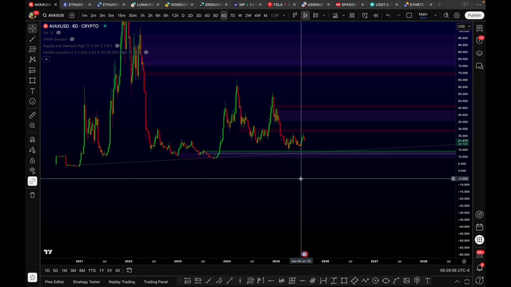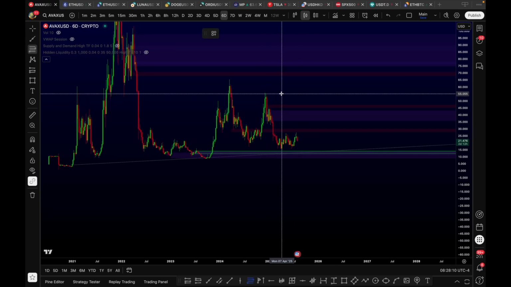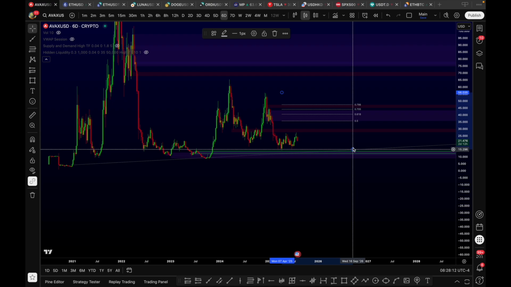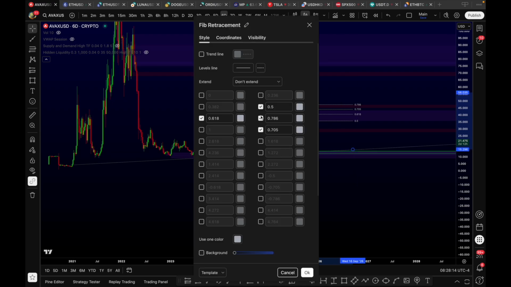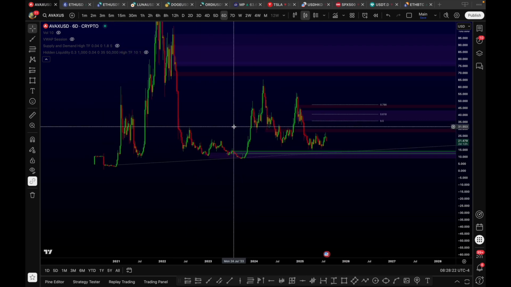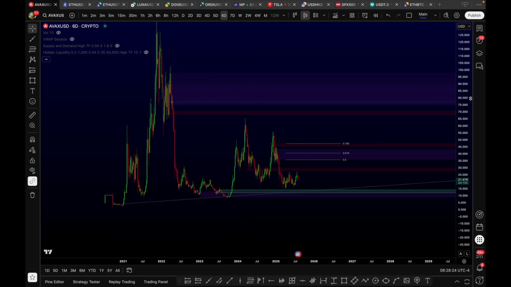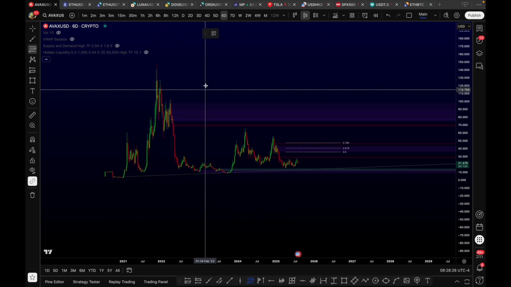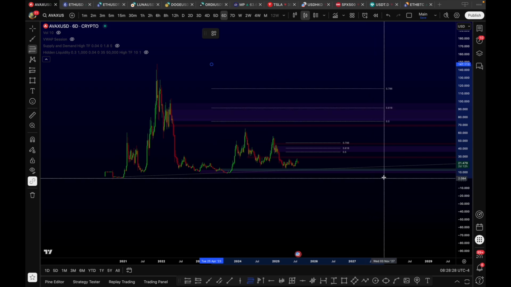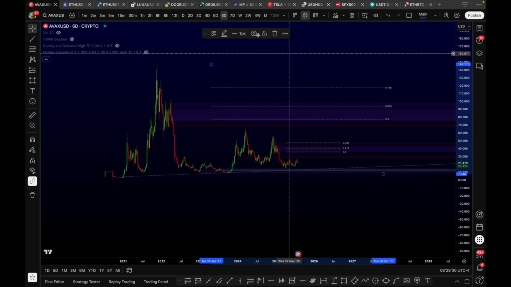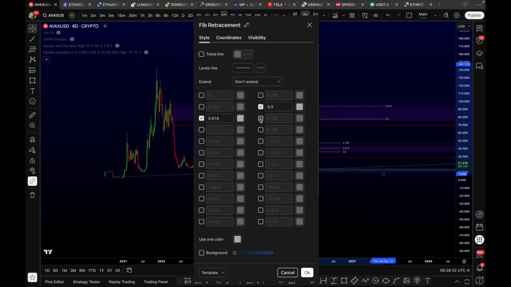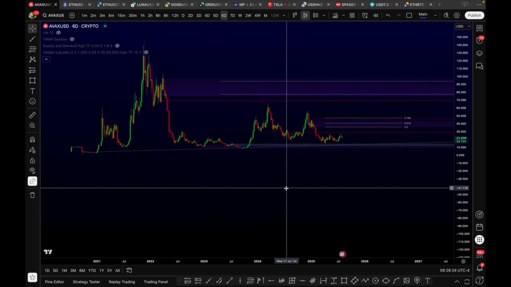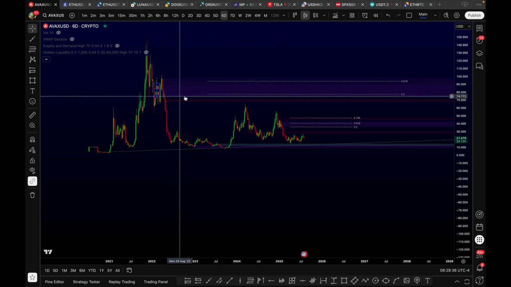Longing here, then usually I measure the ranges and find some FIB confluence. Yes, everything within the supply. Same for the bigger range. Usually it aligns somehow. The supply is really, really strong.